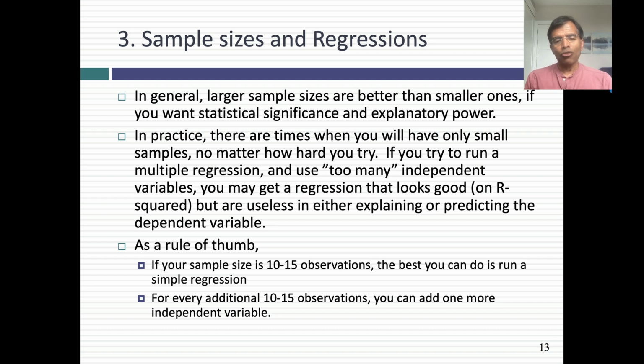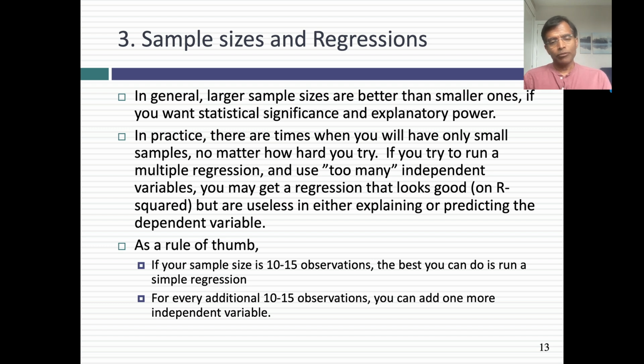If you tried to run a multiple regression with 15 observations but 5 independent variables, you may get a regression that looks good on the face, now high R squared, but it's absolutely useless in predicting and explaining dependent variables. I'll give you an example of it in a minute. But you have to be careful not to let your ambitions run ahead of your sample size.